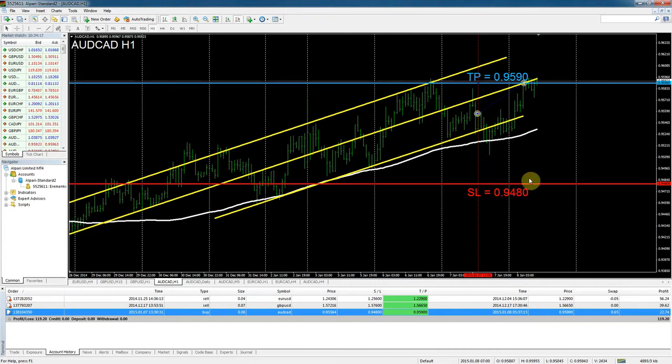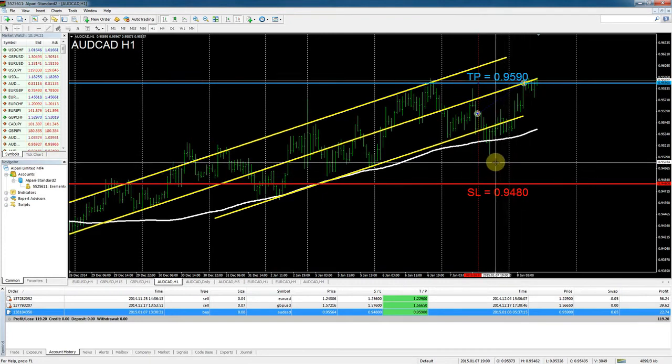In this case, I'll remind you that we looked at the psychological level of 95, and that was protecting our stop loss, so we set our stop loss below that level. Also definitely it has to be below the bottom border of the channel. Another interesting thing about the stop loss, and this is something I didn't mention yesterday, but it's good to analyze it today.